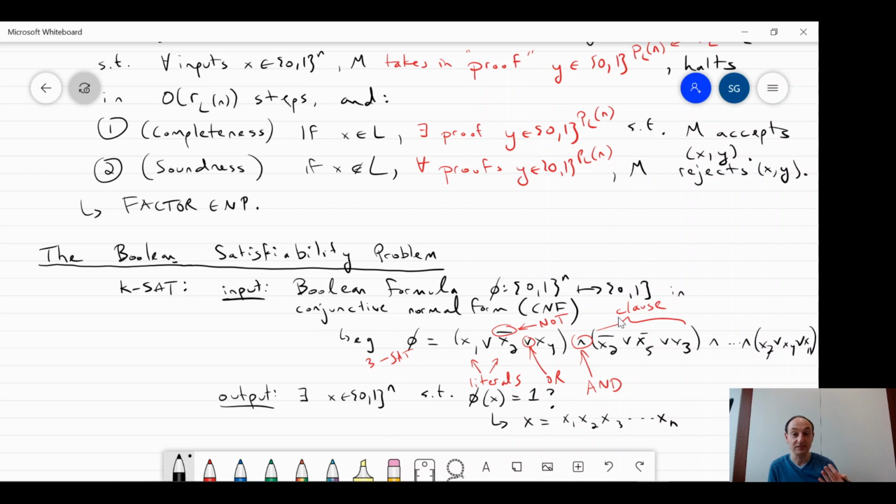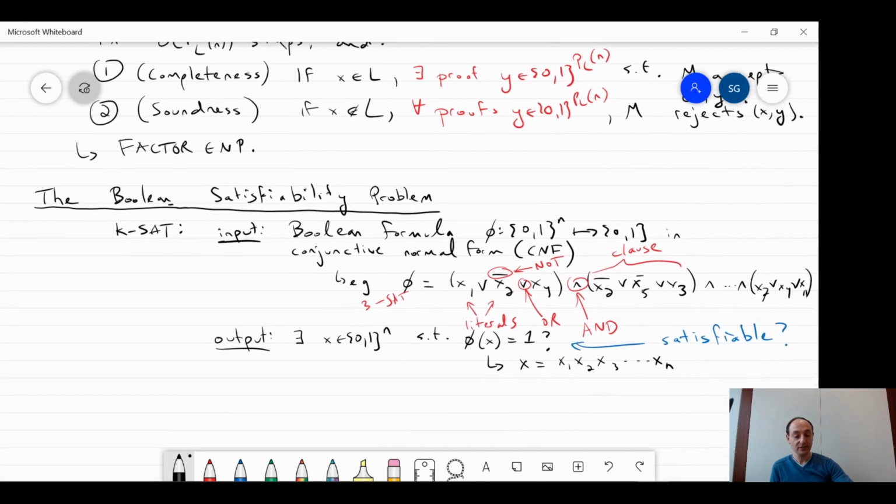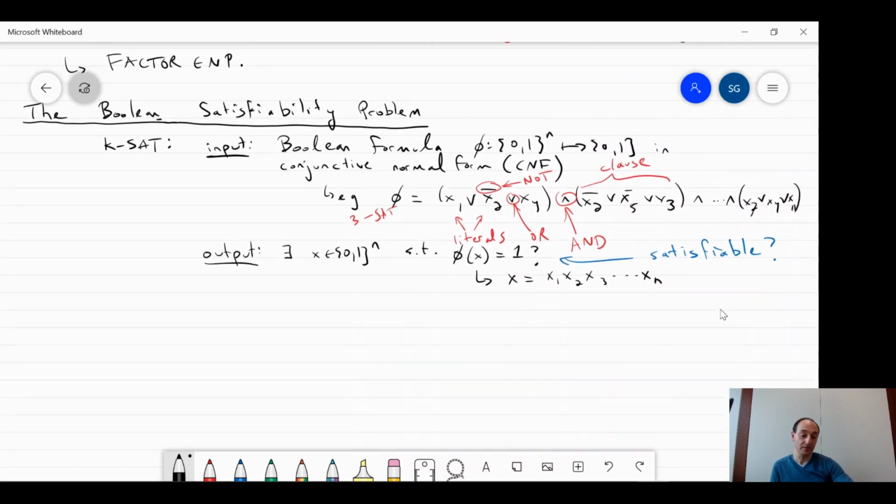That's what we're doing here. So in other words, the name we give to this, and we'll use it throughout the course, is: is phi satisfiable? Okay, so that's the Boolean or k-SAT form problem.